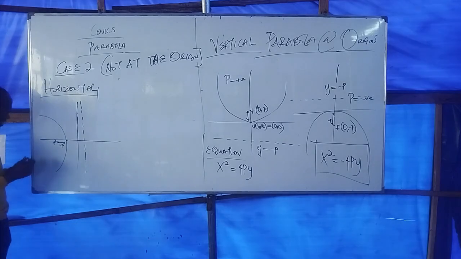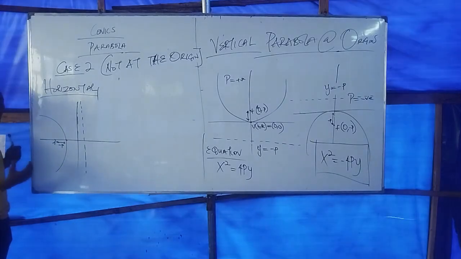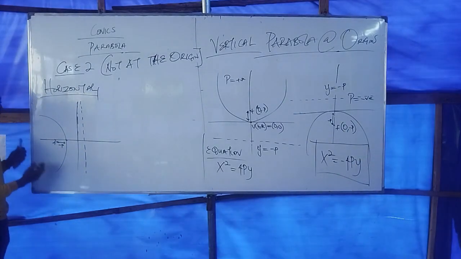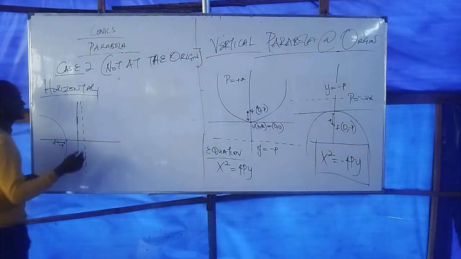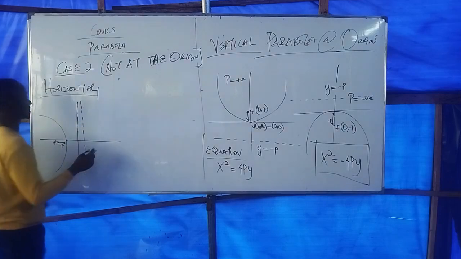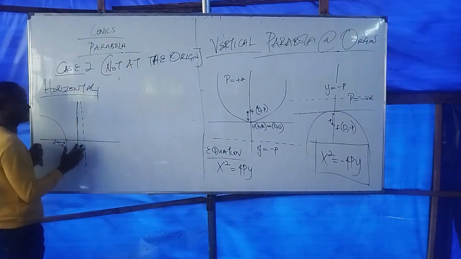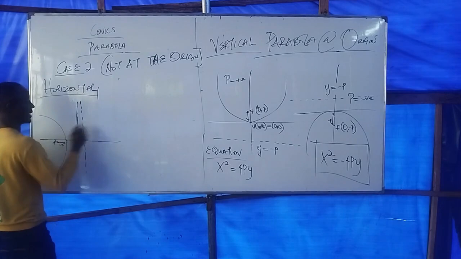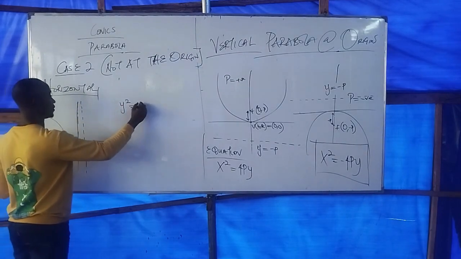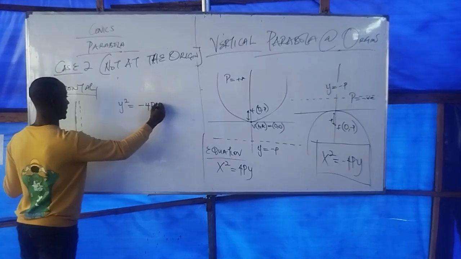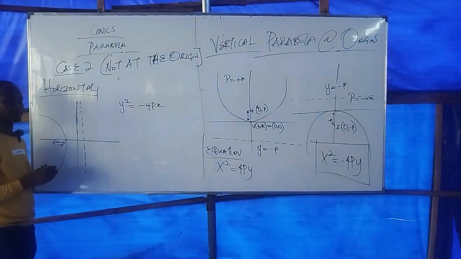Now pay attention. The parabola here is enclosing what? The x-axis. Don't forget that when the parabola is enclosing the x-axis, we are going to square what? Y. And in the first case I gave, when it's enclosing the negative x-axis, we are squaring y, right? And that gave us y squared equals what? Minus 4p x. This is for the origin.